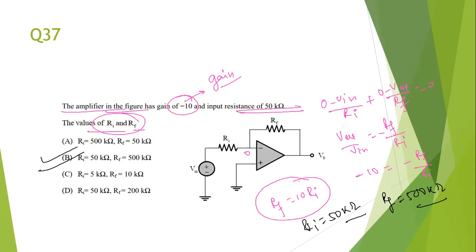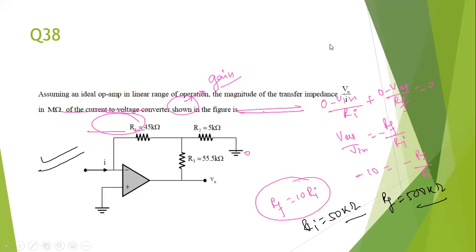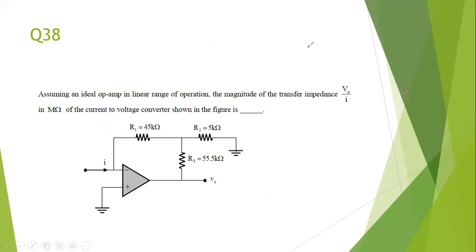Now come to question number 38. The op-amp is ideal. Find V0 by I in mega ohm for the current and voltages shown in the figure. My dear, this is ground.